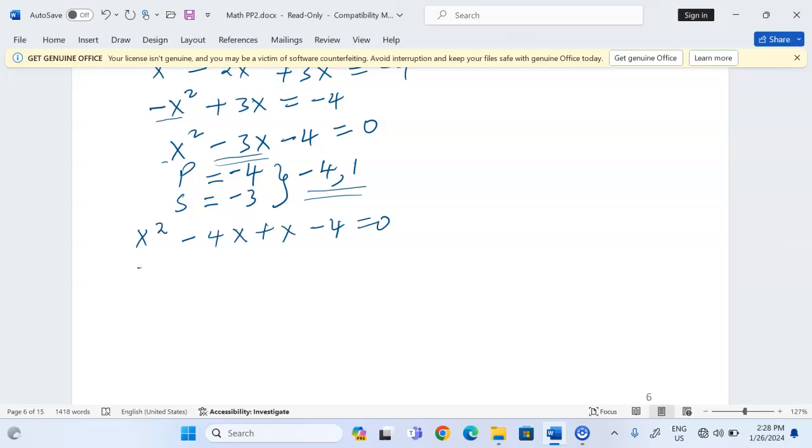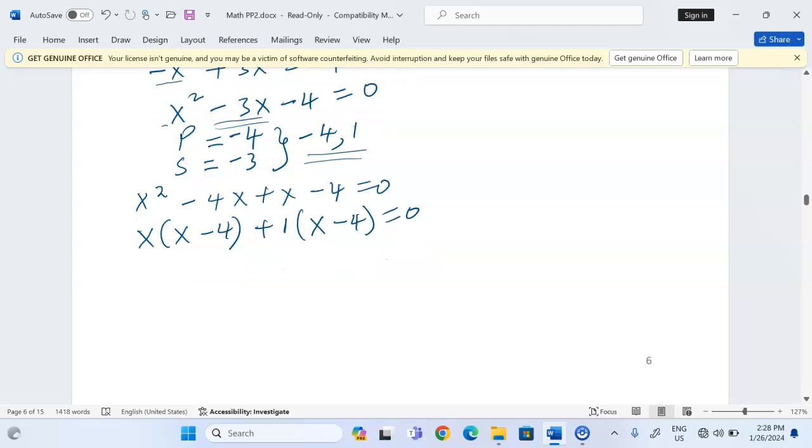So in the first two, we have x being common, so we remain with x minus 4. Then in the next two terms, we have only 1 being common, such that we have again x minus 4 equivalent to 0. So at this point, we can pick the common factor, x minus 4. Then we have x plus 1 equivalent to 0.